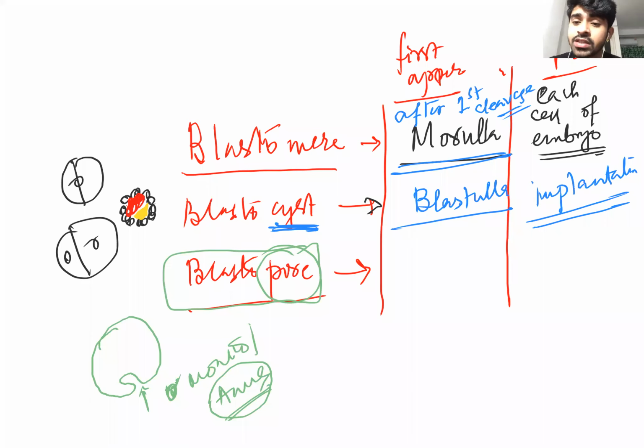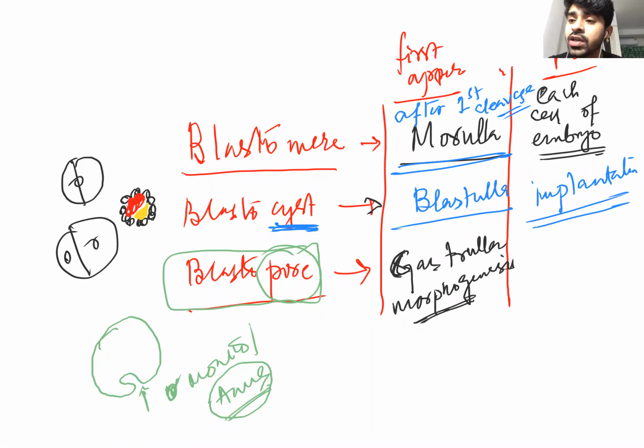But only remember, this blastopore will appear not in the blastula, rather it will appear in the gastrula morphogenesis. In the stage of gastrula, you will get this pore, which is called blastopore. And what is the function?